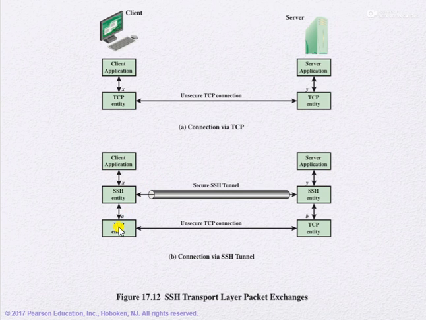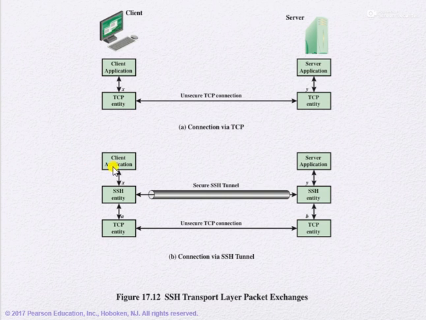This TCP connection that the SSH transport layer protocol will use has its own port on the client side, local port A, with remote port B on the remote side. So SSH will establish a connection between local port A and remote port B. So this is the SSH TCP connection.